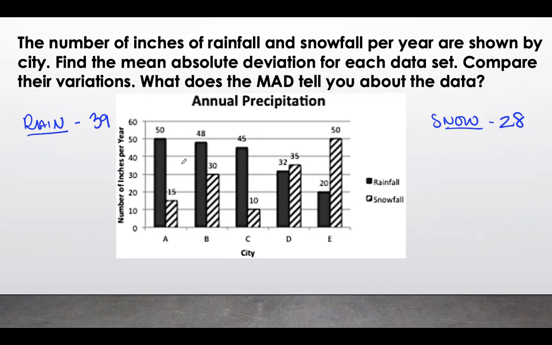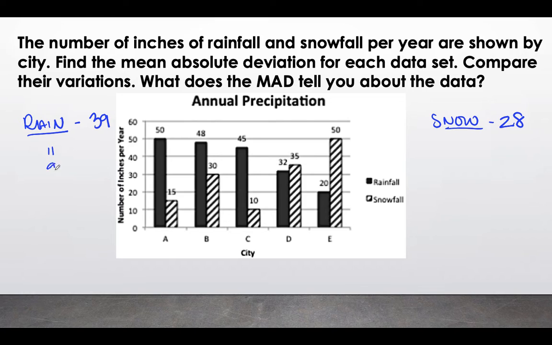Once we calculate these means, the next thing you want to do is find how far each individual piece of data falls from the mean. So for example, our first city has 50 inches of rain per year. That is 11 inches from our mean of 39. The second city is 48 inches of rain per year.